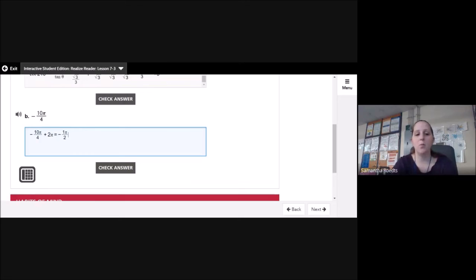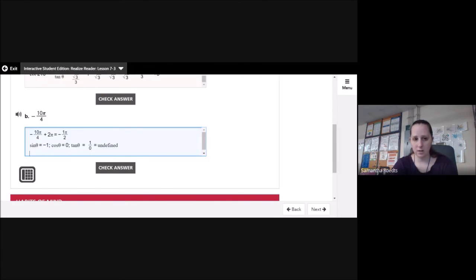Okay, so negative pi over 2 is the same thing as saying sine theta equals negative 1, cosine theta equals 0, tangent theta is going to be 1 over 0, which is undefined.